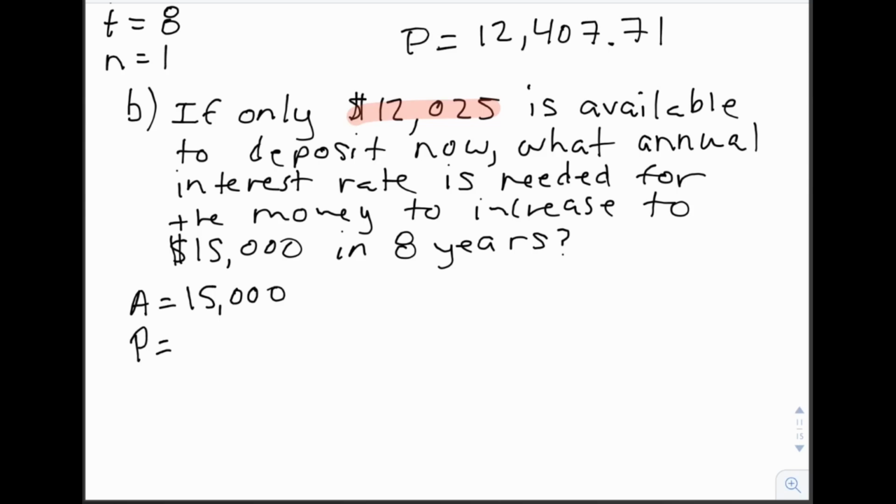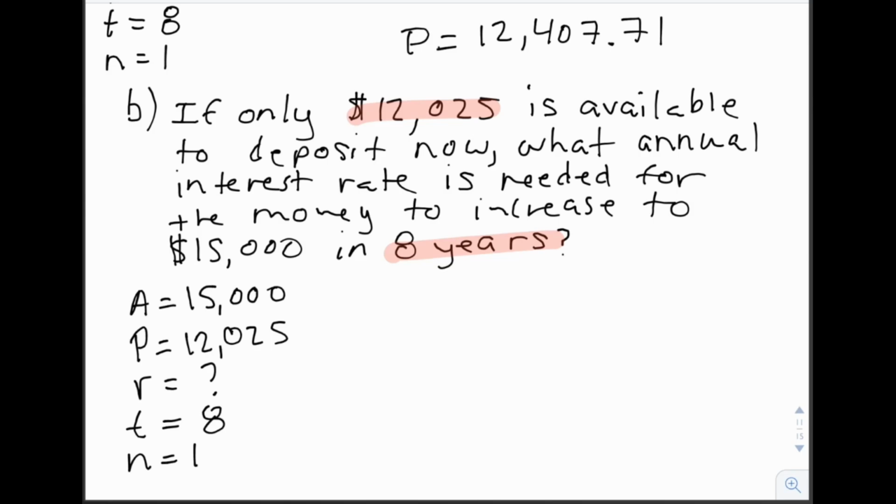It told us $12,025. We know that our R is going to be equal to something. We need to figure out what it is. And then finally, our T is equal to 8, because it states 8 years. And last, we know that our N is equal to 1, because it told us annually.